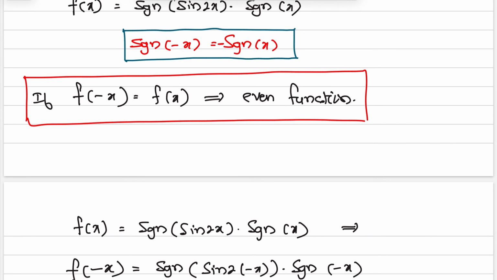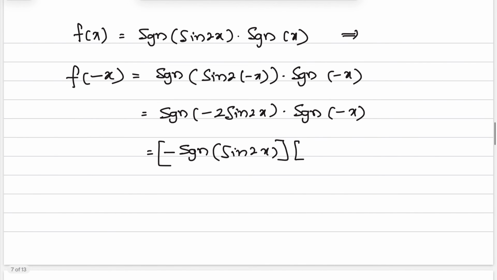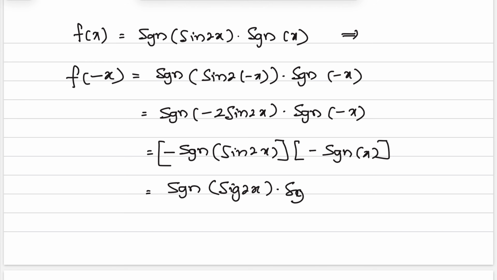Sorry, I made a mistake. And into minus signum x. That is equal to minus into minus is plus. That will be signum sin 2x into signum x.